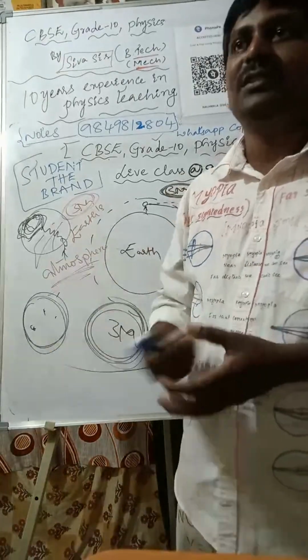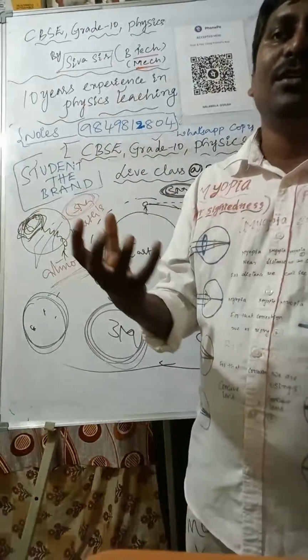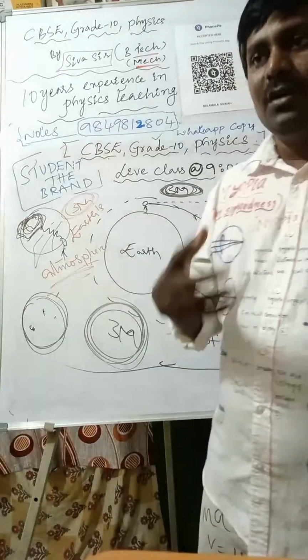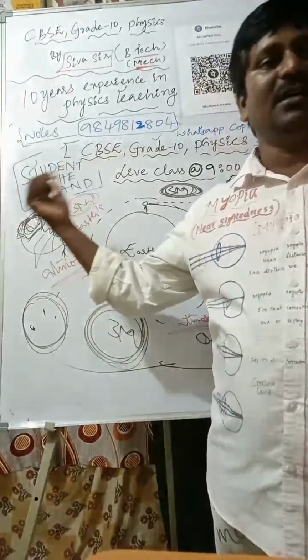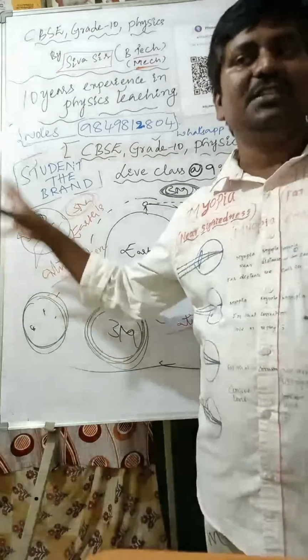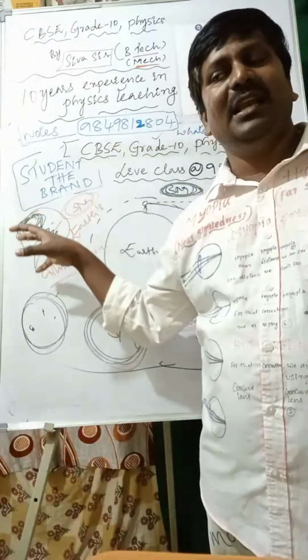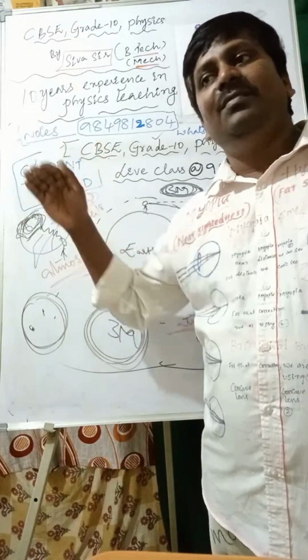Whereas stars, you see, stars are illuminated objects, meaning they continuously give light. That's why when light is coming from stars, because of the atmospheric refraction, the light keeps coming and bending of the light takes place.